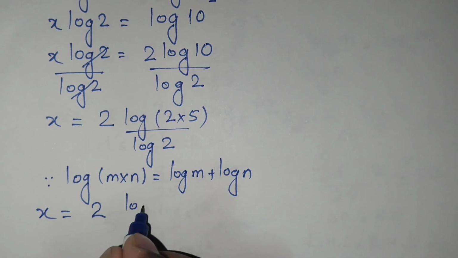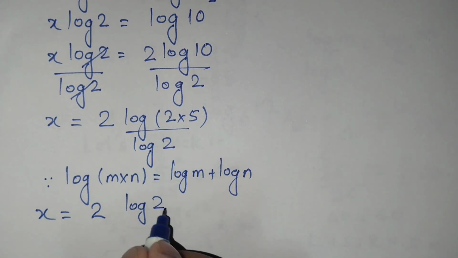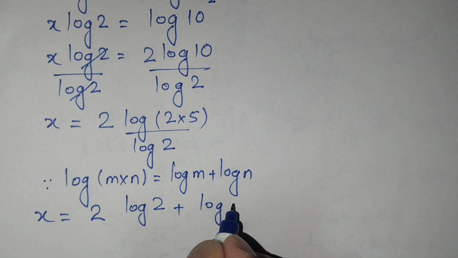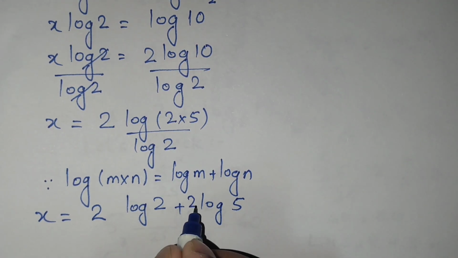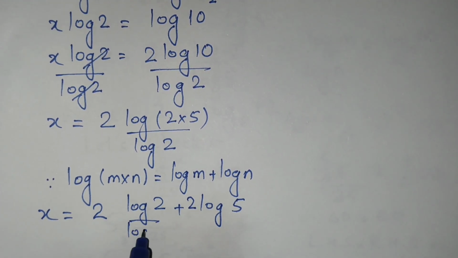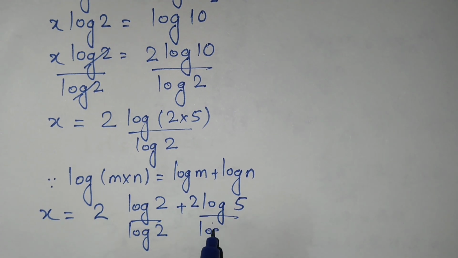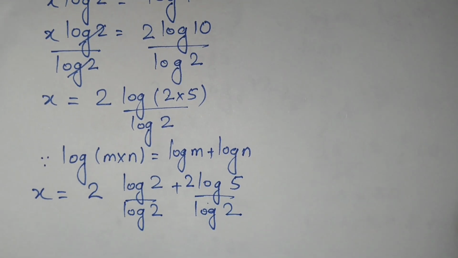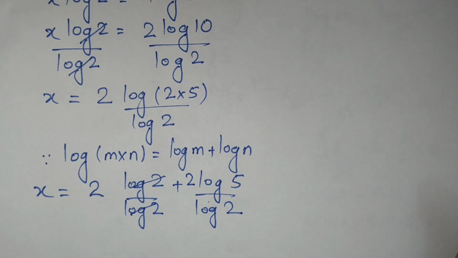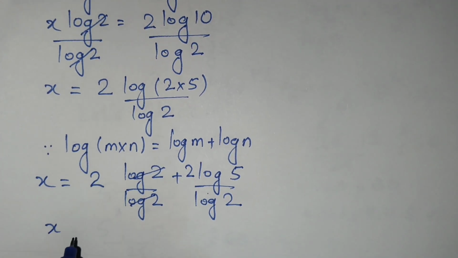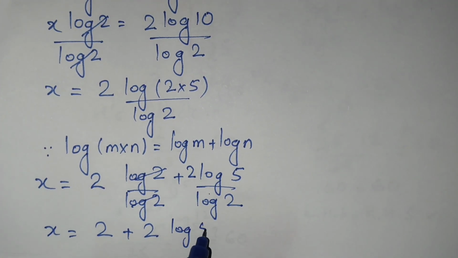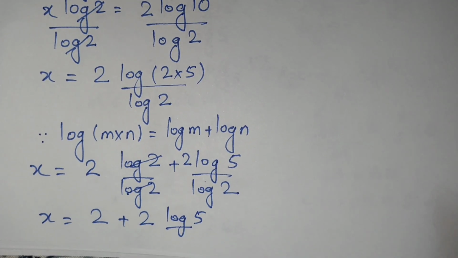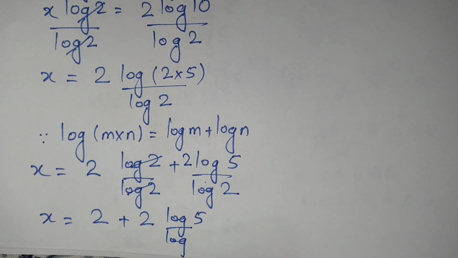So x will be equal to 2 times (log of 2 plus log of 5) divided by log of 2. Log of 2 will cancel with the log of 2. We get x equals 2 plus 2 log of 5 over log of 2.